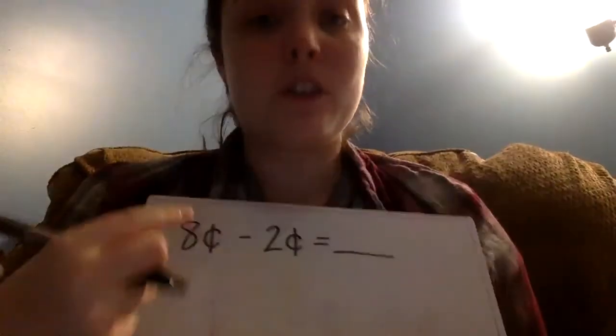But today we're going to be practicing taking away, or subtracting, using pennies. So what I want you to do now is get 8 pennies. We're going to have 8 cents minus 2 cents, and we want to figure out how much money that equals.